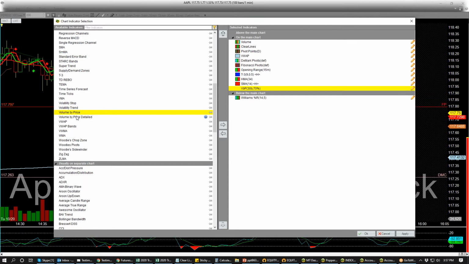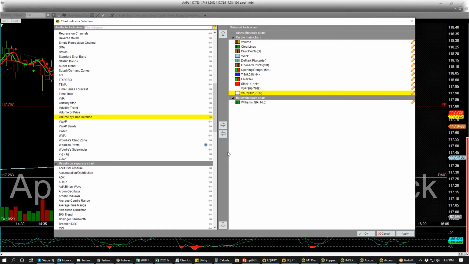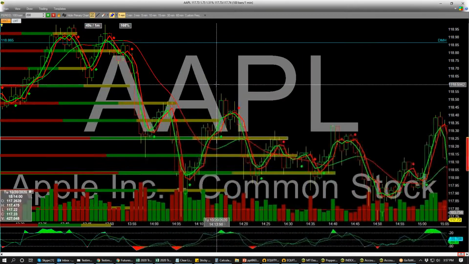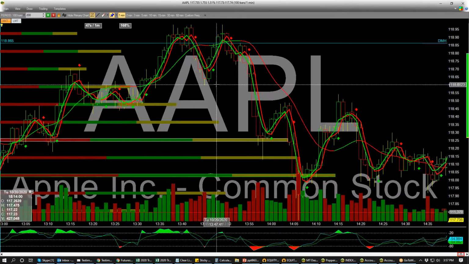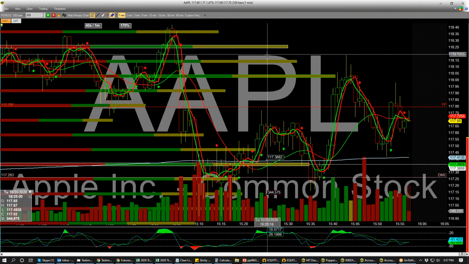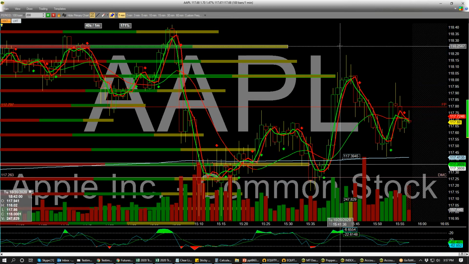Volatility, price and volatility, and volume by price and volume by price detail. Oh, that's interesting. That's a lot of noise on the chart. Volume by price.